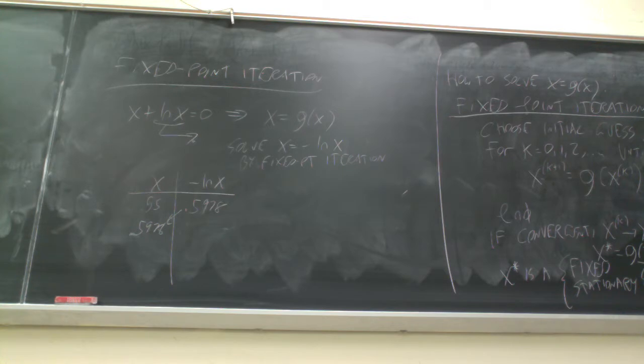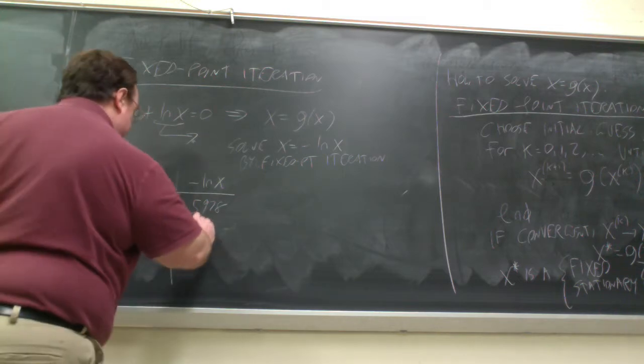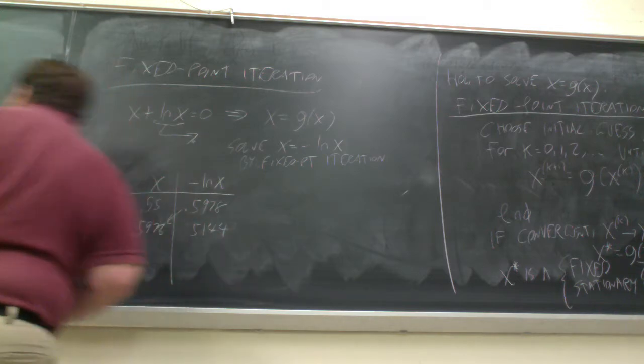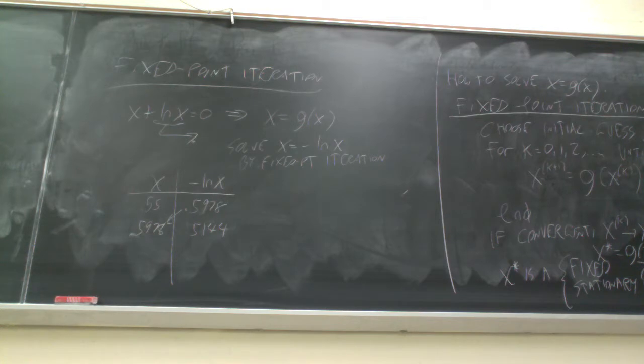So if I put that in, I get 0.5144. It starts bouncing back towards the other side of the interval. And then I do that again, and I get something very discouraging. It goes outside the interval.